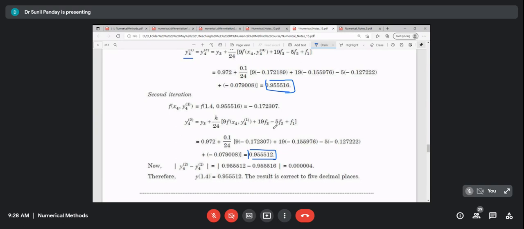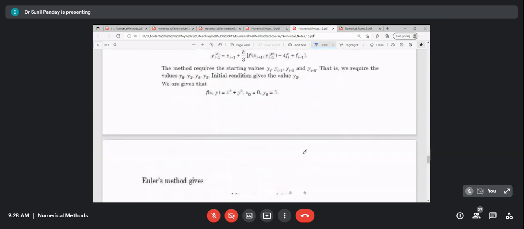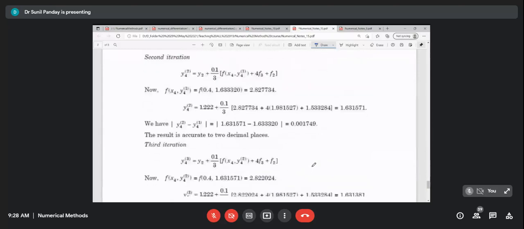This is the first one, and we are checking that we are getting five decimal places, so we stop here. Then we assume that this is the desired accuracy required. So these are the predictor-corrector methods, and you can see all these problems.